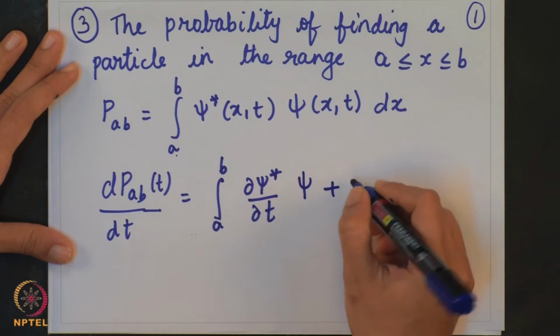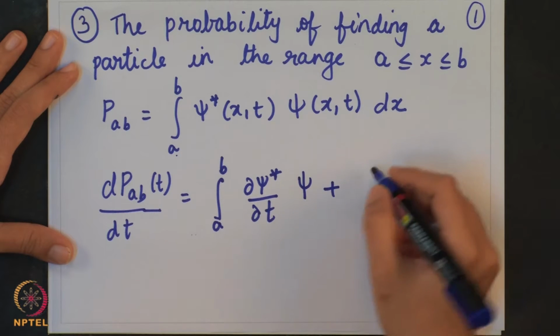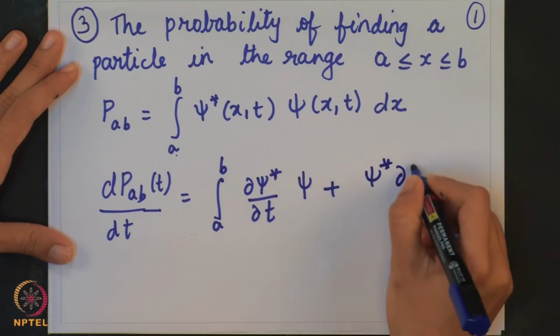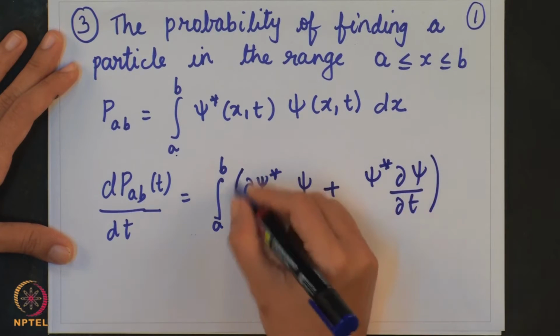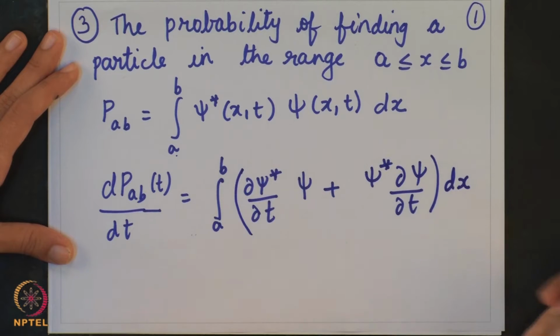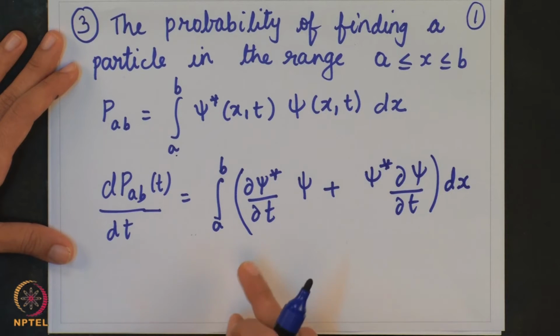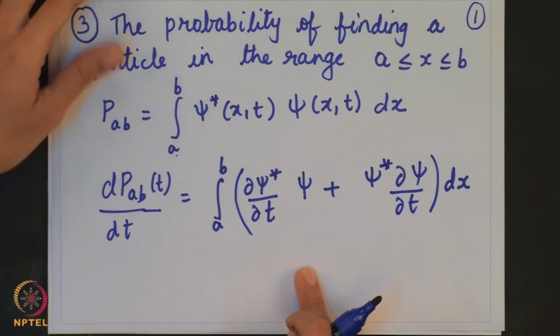I will have two terms: psi star times the derivative of psi with respect to t, and the other term would be psi times the derivative of psi star with respect to t, and the entire thing times dx. So this is what we have. Now we have to rewrite it in the form given in the question, which is the probability current density.